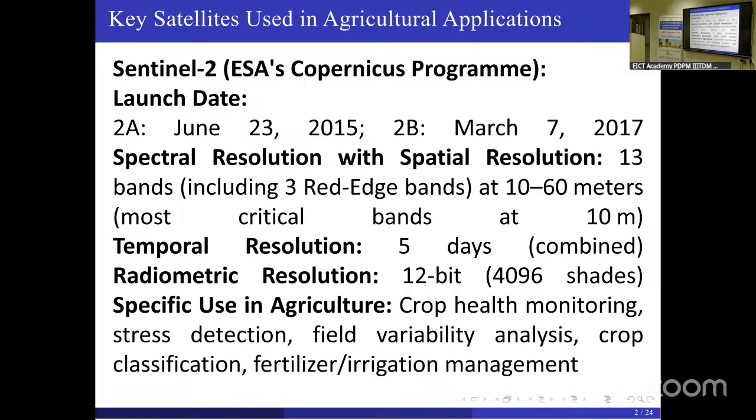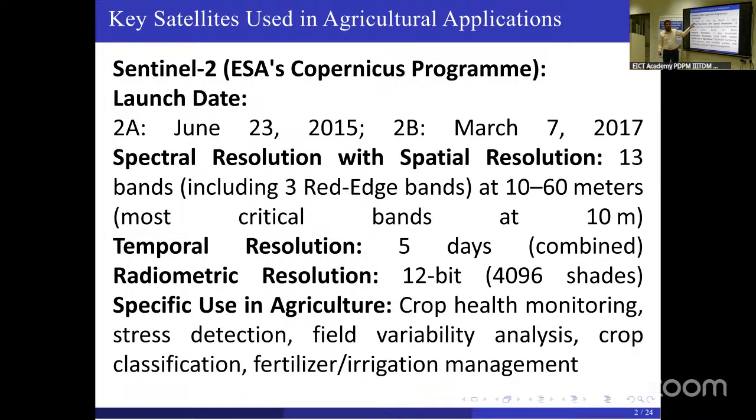You can see there that 2A was launched on 23 June 2015 and 2B was launched in 2017, 2 years later. So when we had only 2A, the revisit time, which resolution?